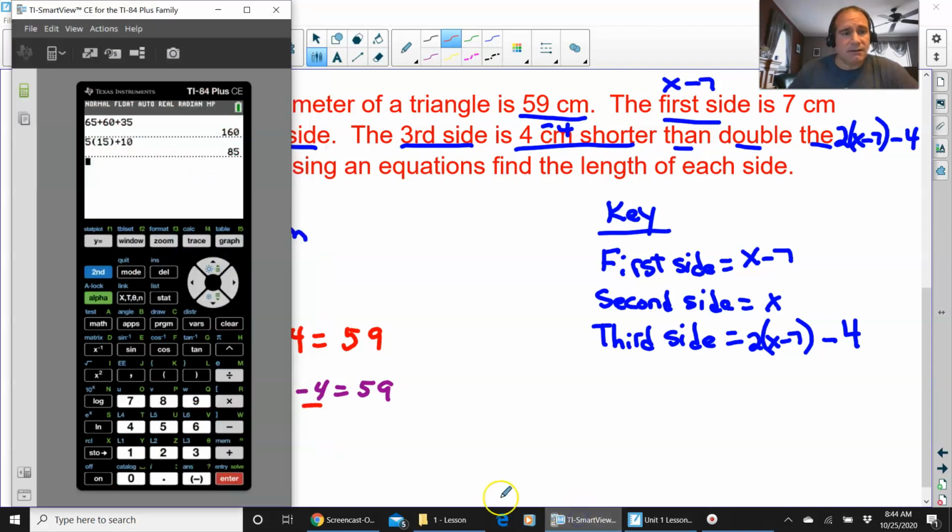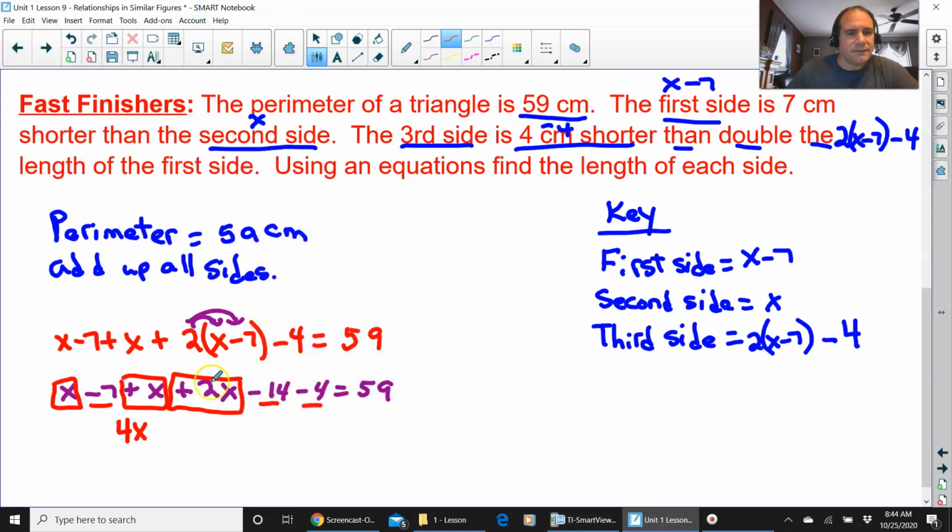I'm going to take my calculator out for that: negative 7 minus 14 minus 4 is negative 25. Equals 59. Then you're going to add 25 to both sides.